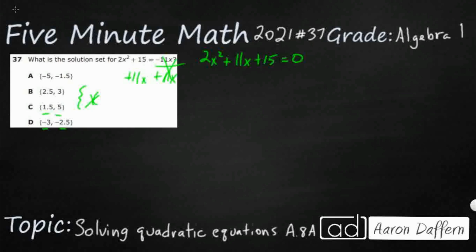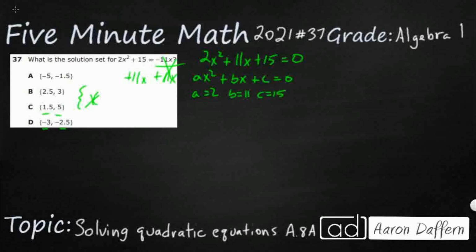Okay, so that's the trick, if there's a trick to this problem, getting that 11x over with the other terms. So now we can use our quadratic formula. Let's make sure we know that this is in our standard form, ax squared plus bx plus c equals 0. So my a equals 2, my b equals 11, c equals 15. Looks pretty straightforward.